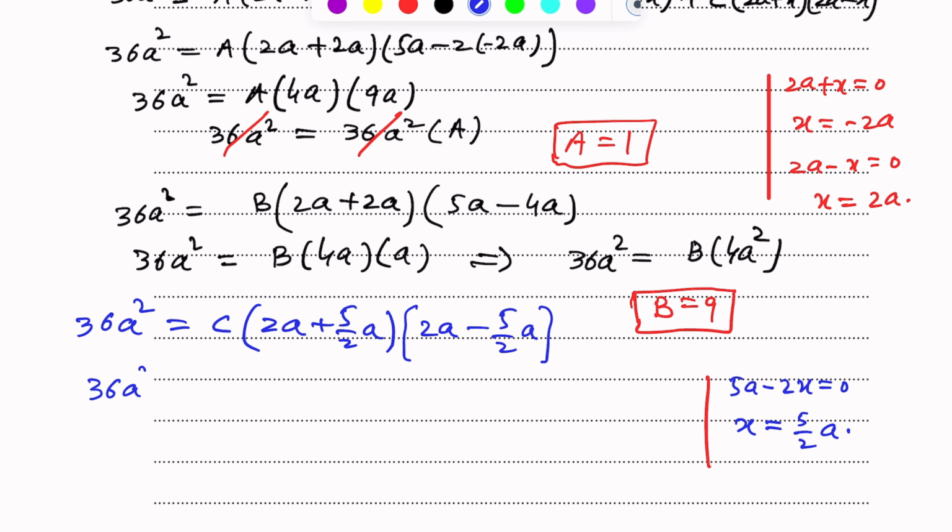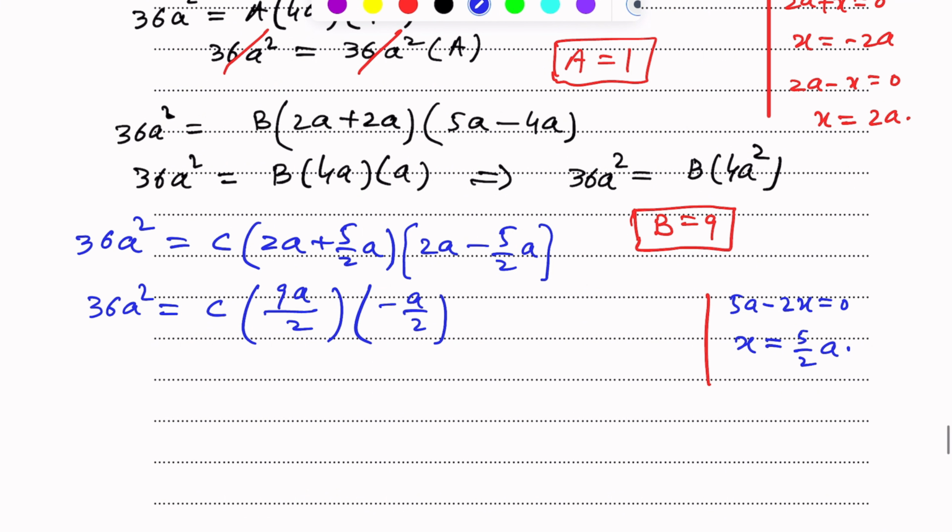Simplifying, 36a² is equal to C into 9a over 2 into minus a over 2. Multiplying these, we get minus 9a² over 4.